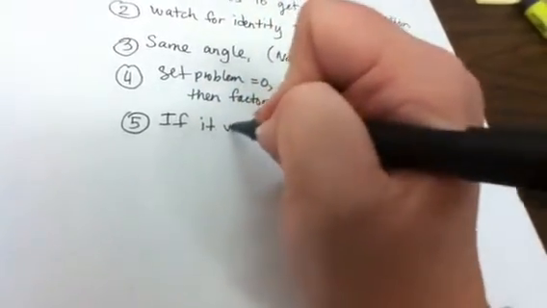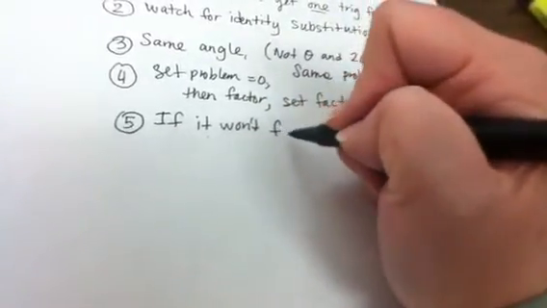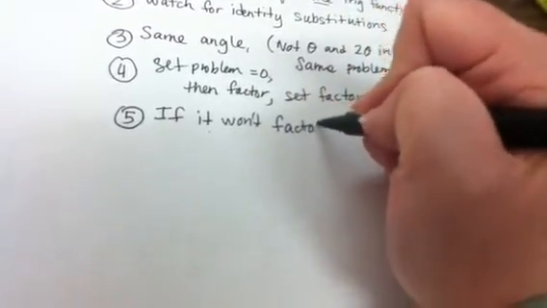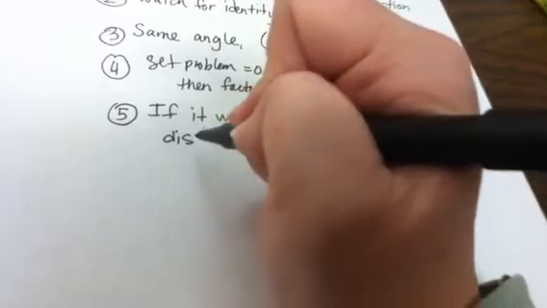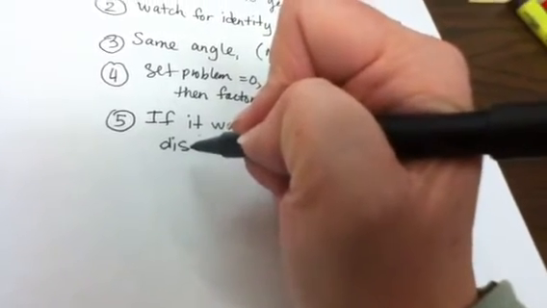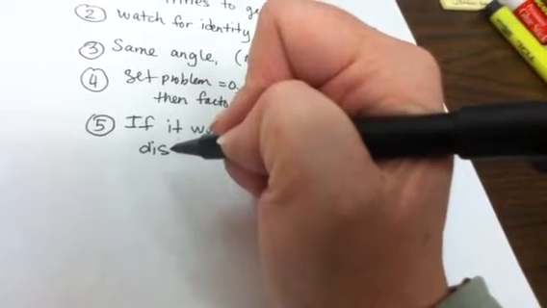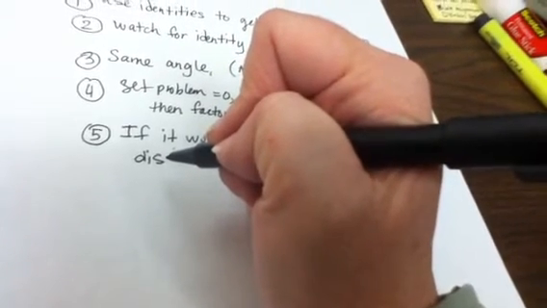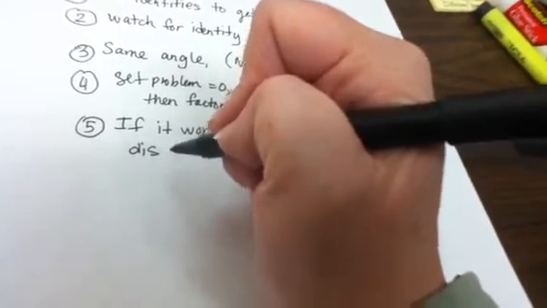If it won't factor, check the discriminant to see if there's a solution. Do you remember how the discriminant is the b squared minus 4ac? The b squared minus 4ac is the discriminant, right?